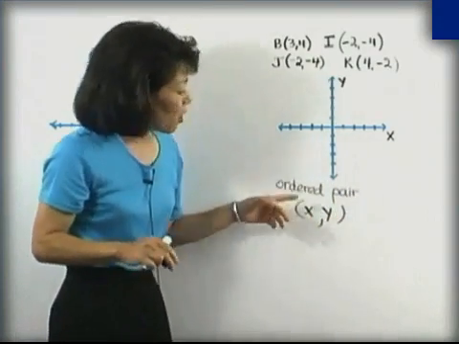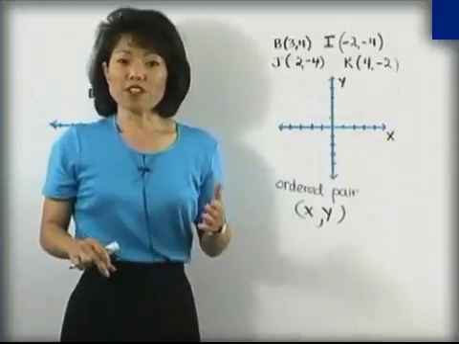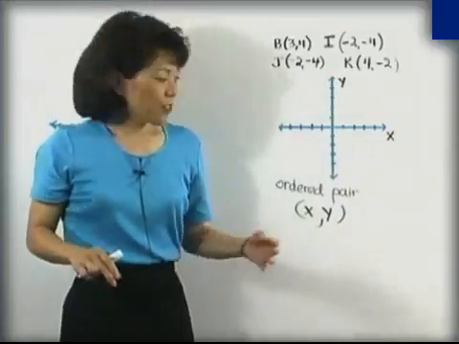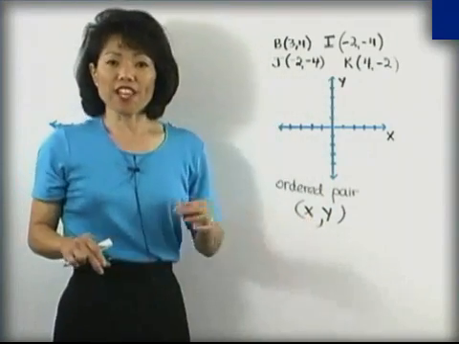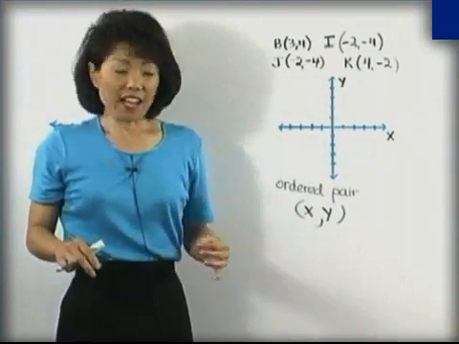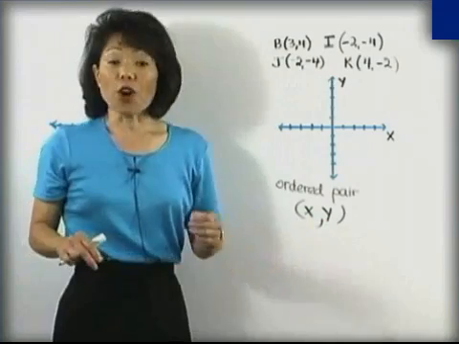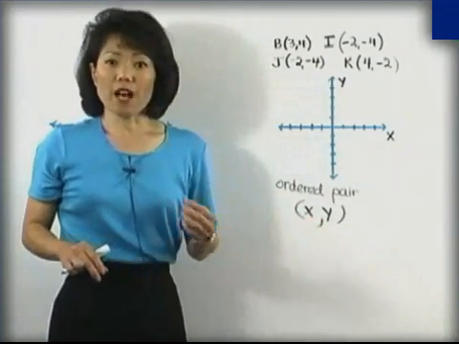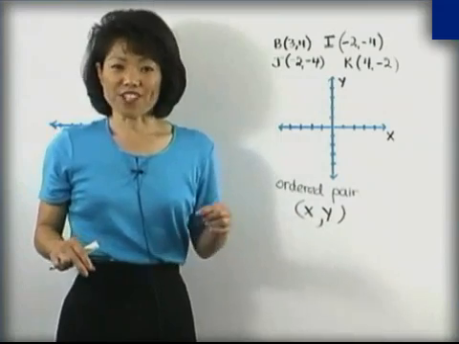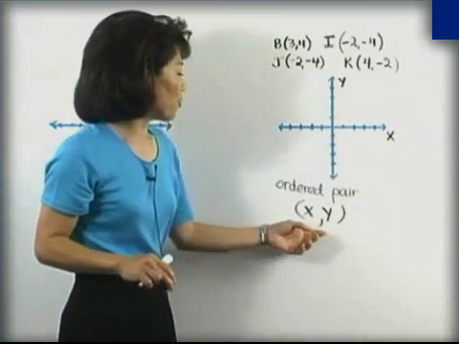Now the reason it's called an ordered pair is because order matters. Whenever you look at an ordered pair, you can always assume that the first entry is the value of the x, and the second entry is always the value of the y. It'll never be given as y comma x, always x comma y. And that's our ordered pair.